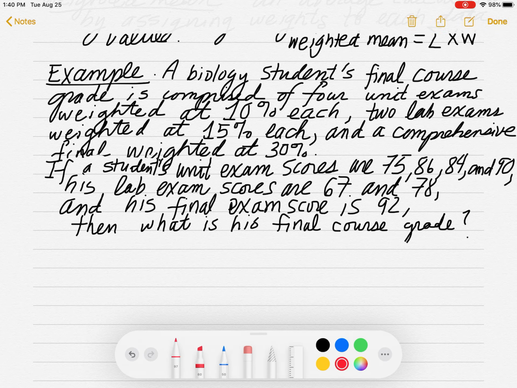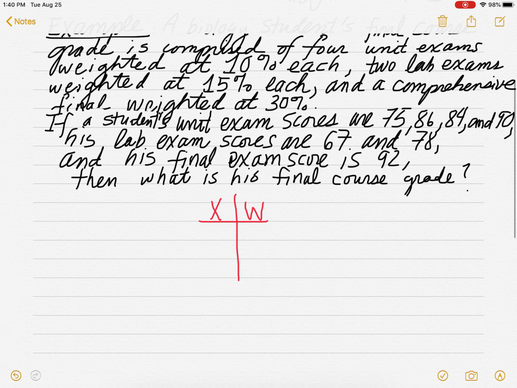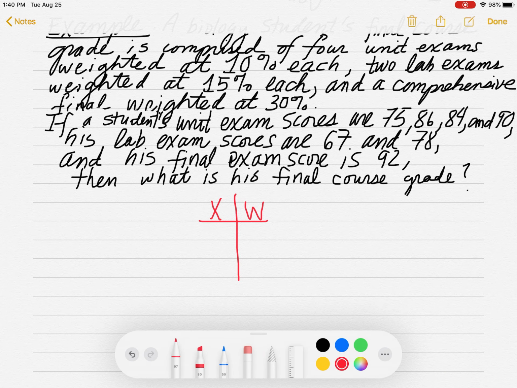I like tables. Here we're going to have our x values, which are our exam scores, and on the other side, we're going to have our weights. Now I'm going to scroll just a little bit to make some space. On this side, I'm going to have Exam 1, Exam 2, Exam 3, Exam 4.